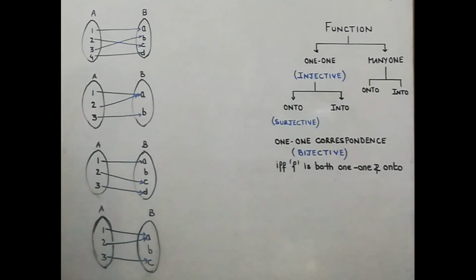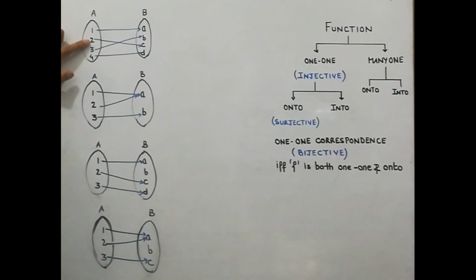Now in the first diagram I will explain what one-one is. For one-one we say that every different element of A has a different image in B. Remember this, different elements of set A have different images in set B. Then this is called a one-one function.